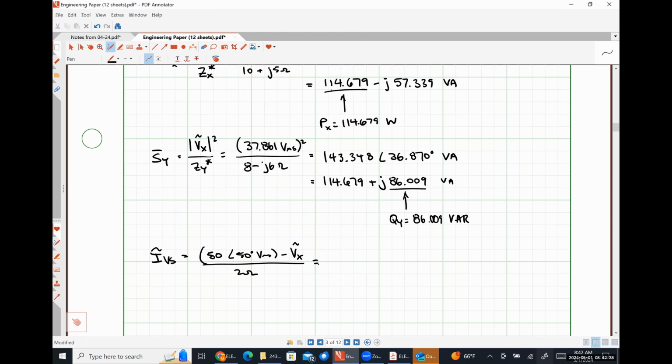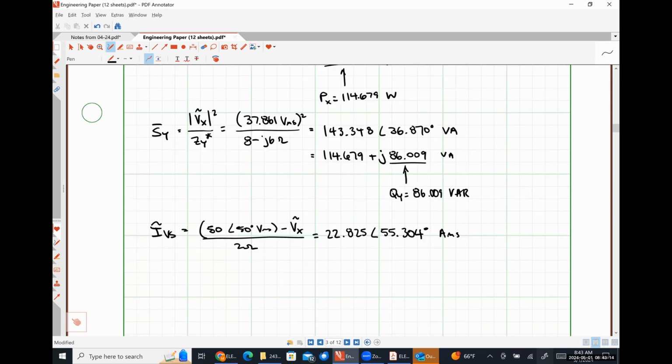So 50 angle 50 minus Vx comes out to be 22.825 with an angle of 55.304 degrees, amps RMS.